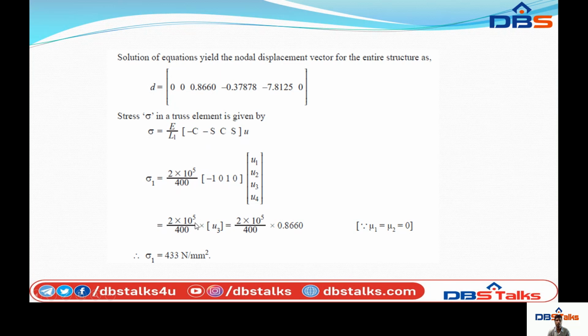So it equals 2 into 10 to the power of 5 by 400 into U3 and U4, that equals 0.8660. Then sigma 1 will be 433 Newton per millimeter square.